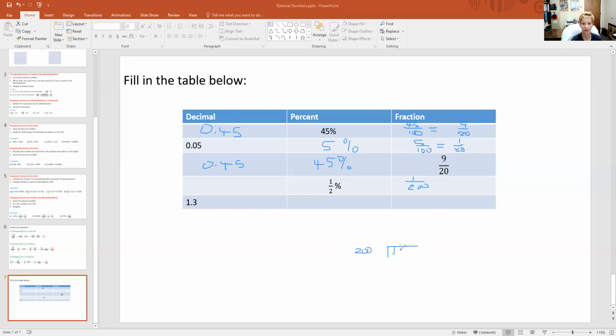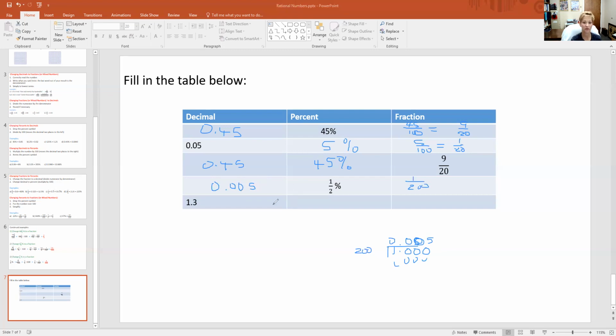Now remember, it won't go at all. So I annex a 0, it still won't go. I annex another 0, it still won't go. And when I annex another 0, it will finally go. So I get 5 thousandths.